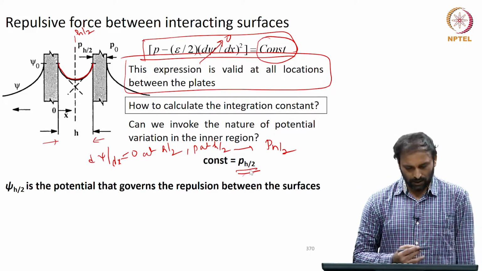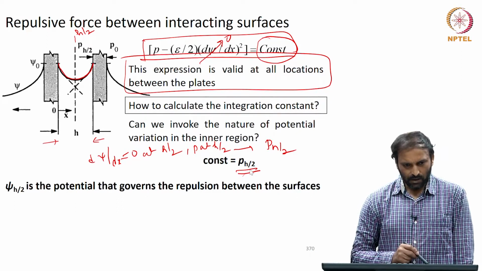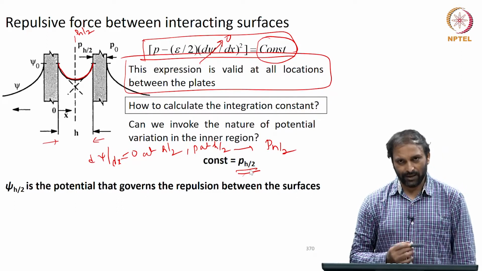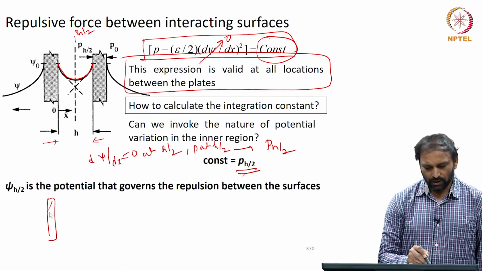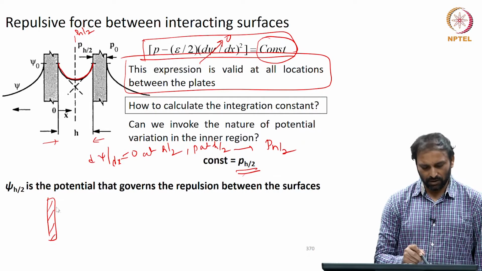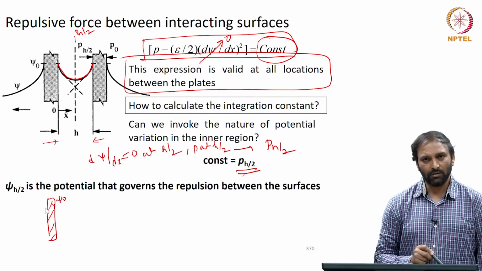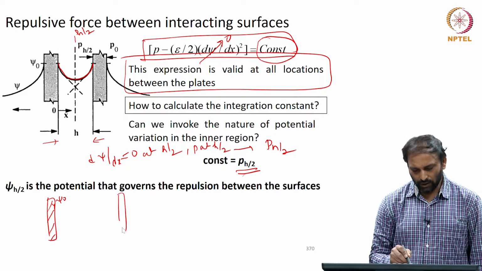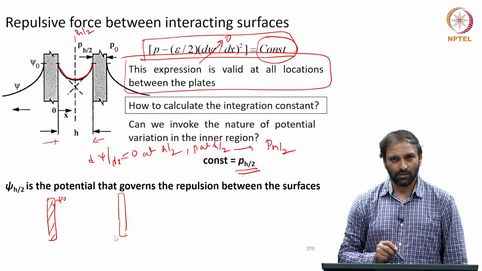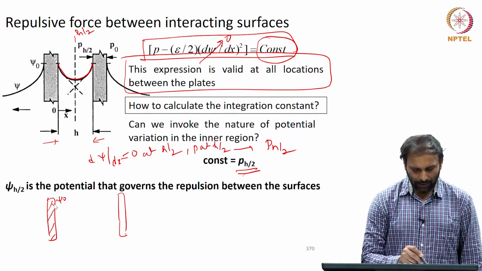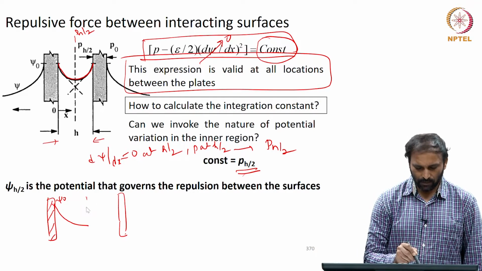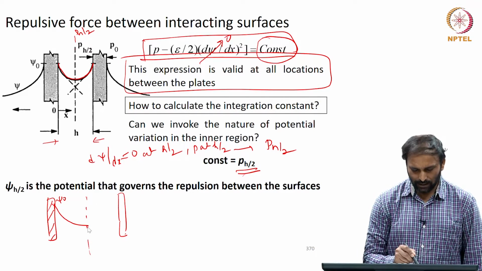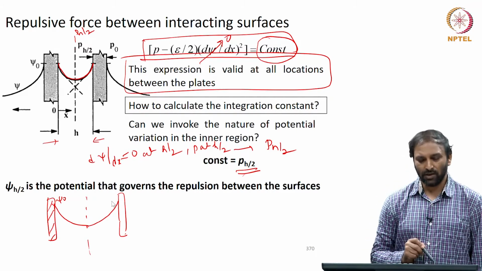Now, if you look at the overlapping electrical double layers, even though the surface potential is psi naught, when the overlap occurs, let us say that this is the potential with respect to one plate, and this is the potential with respect to the other plate.